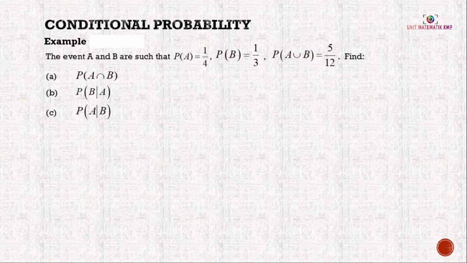Example 1. The events A and B are such that P(A) is equal to 1 over 4, P(B) is equal to 1 over 3, and P(A union B) is equal to 5 over 12.